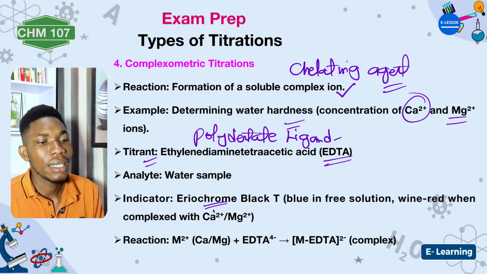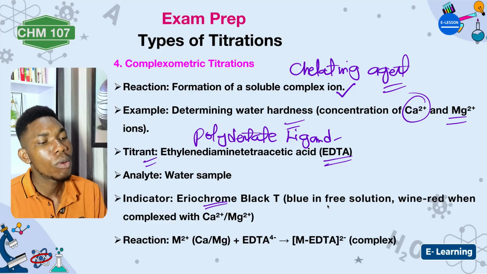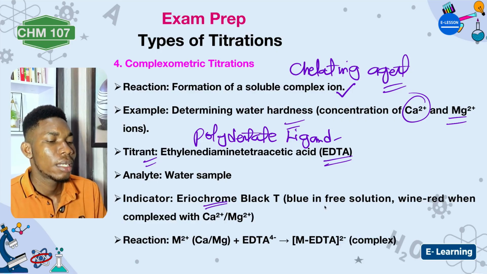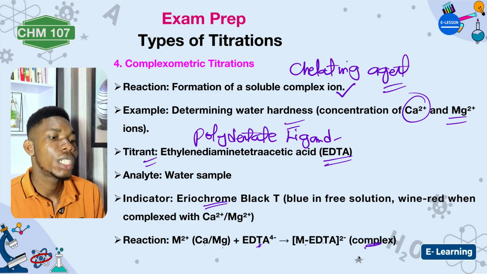Eriochrome Black T. It is blue in free solution and wine red when complexed with calcium or magnesium ion. So it means when the complex has been formed, Eriochrome Black T changes from blue to wine red. All right. So the reaction between metals like calcium and magnesium and EDTA to form a metal-EDTA complex is what we call complexometric titration.